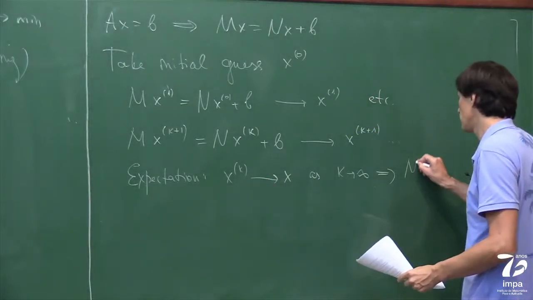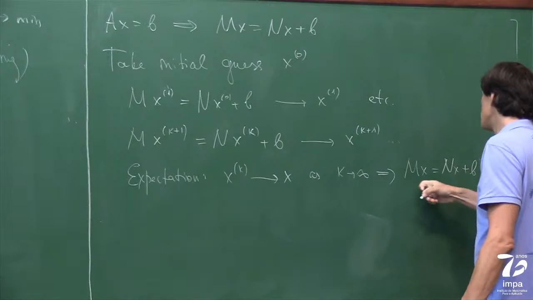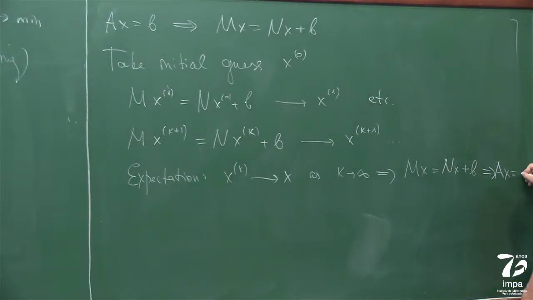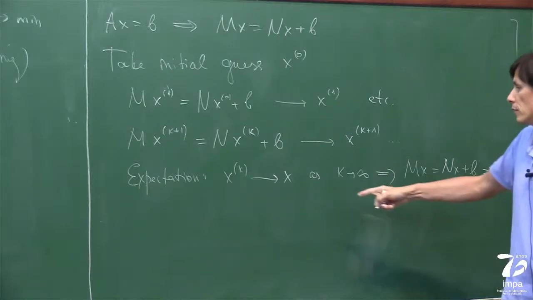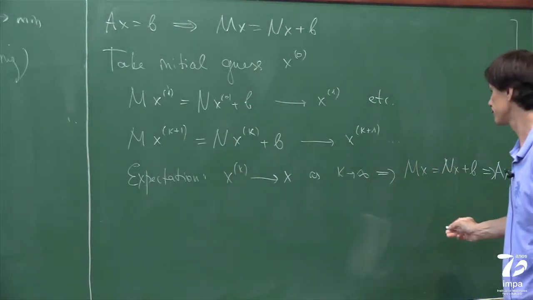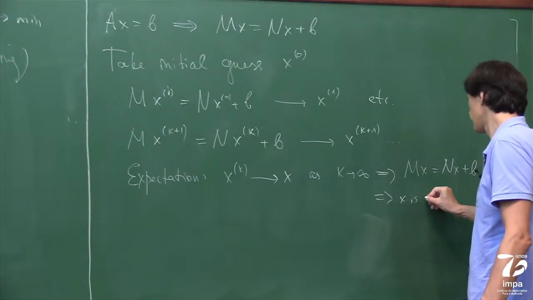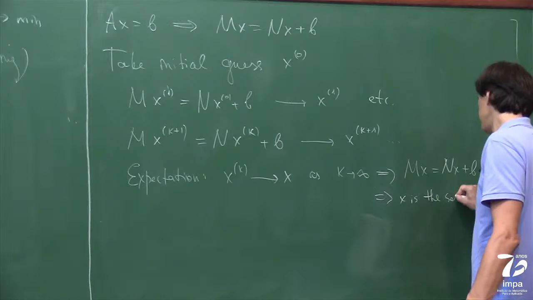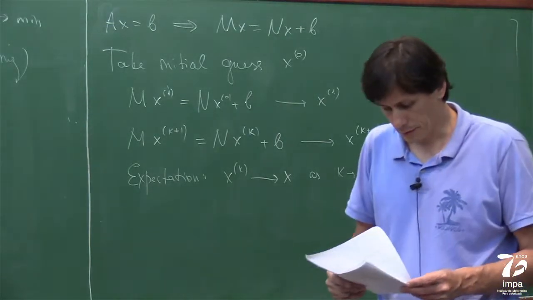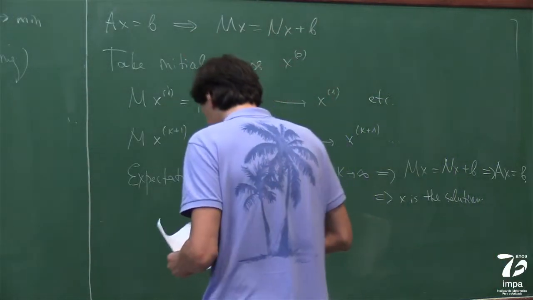Then the limit satisfies this equation, which is exactly Ax equal b. So if this sequence converges, then it gives you a solution. The only thing we need is that it converges.